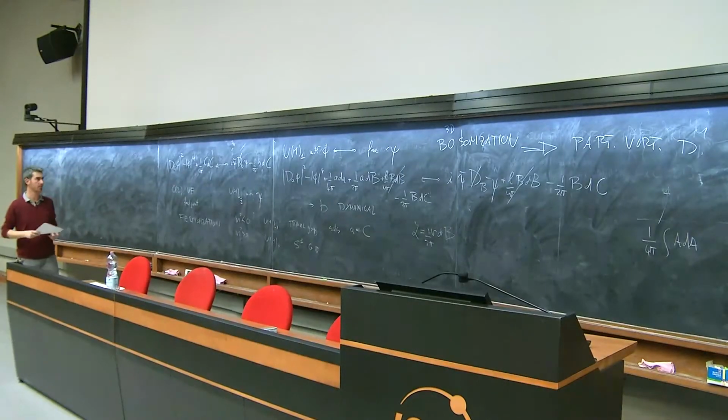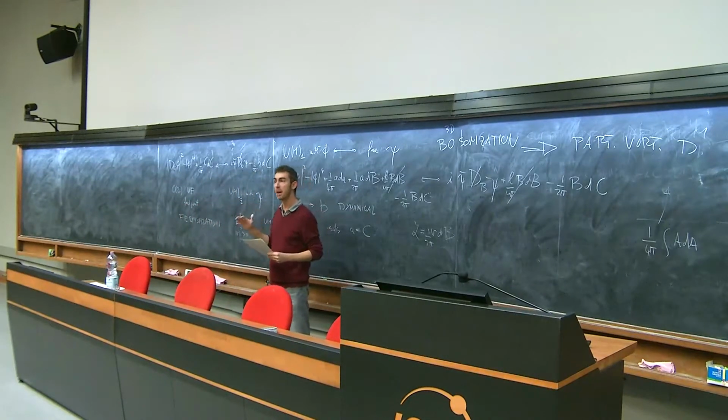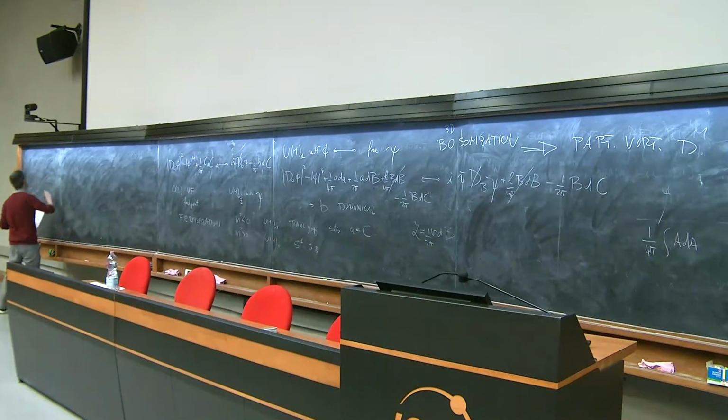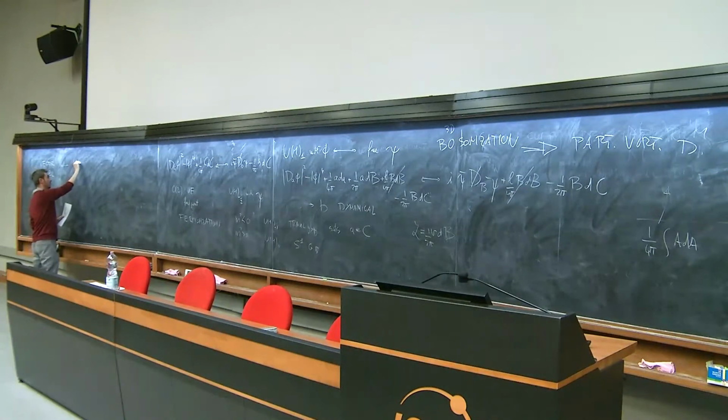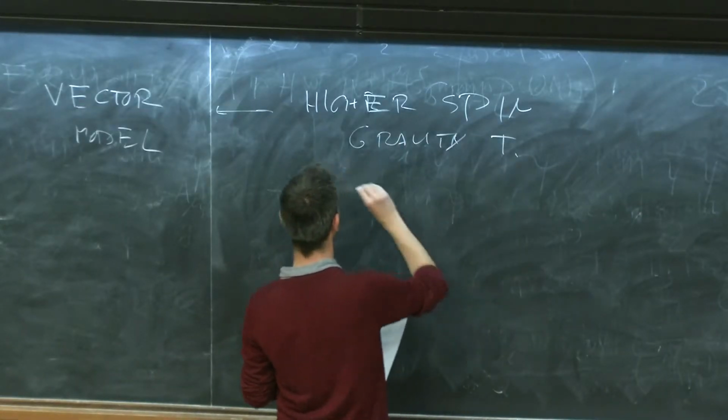where they were proposing that vector models, models that Igor discussed in full detail, in 3 dimensions, at large N, with either scalars or fermions, are dual to some higher spin gravity theories of Vasiliev.